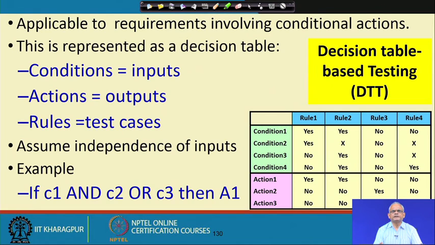The decision table based testing is applicable when there are many conditional actions. Here we develop a table, and in the table the conditions represent inputs, and then the actions represent the output, and each of these columns on the table is called a rule, and the rules are the test cases.